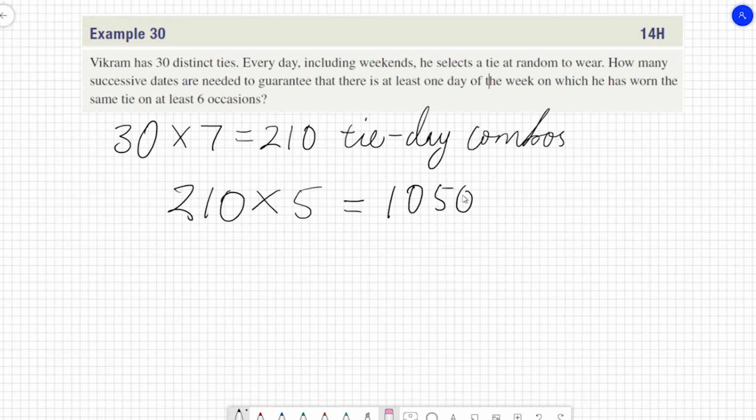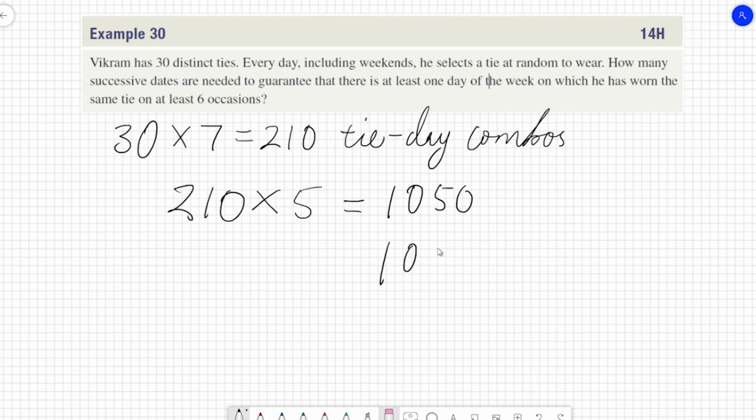The only way to guarantee that he will have the same weekday and tie combination is to make sure that every combination has occurred 5 times at least. Then this one extra occasion of a particular tie and day combo will add to one of the rest.